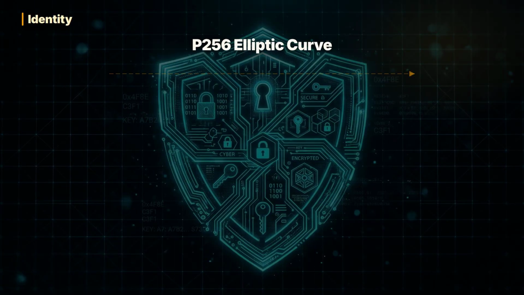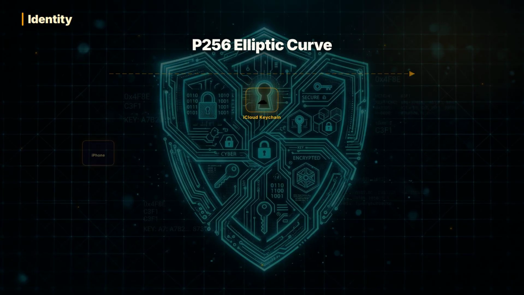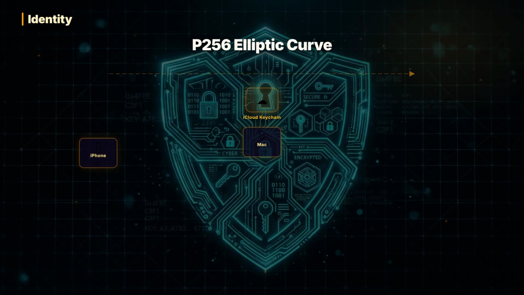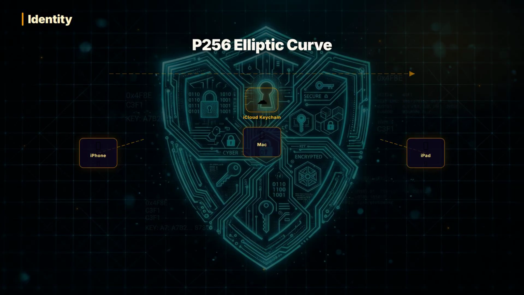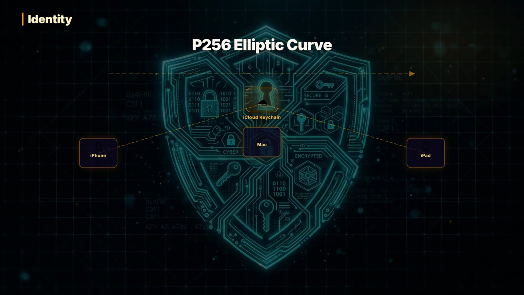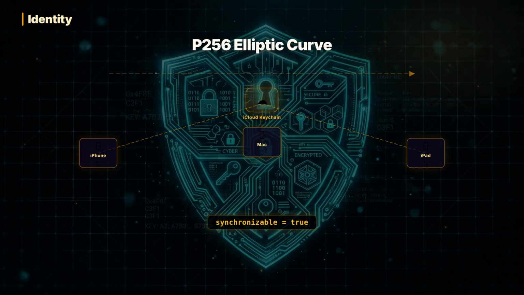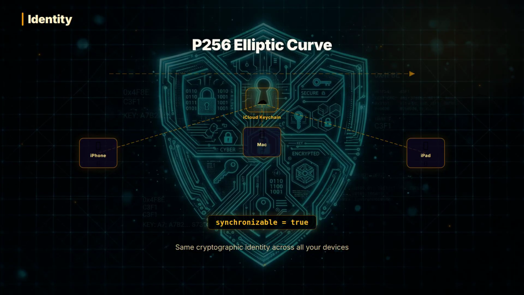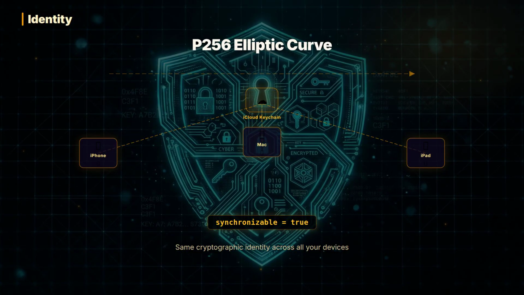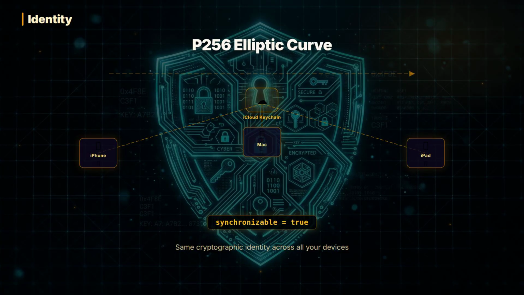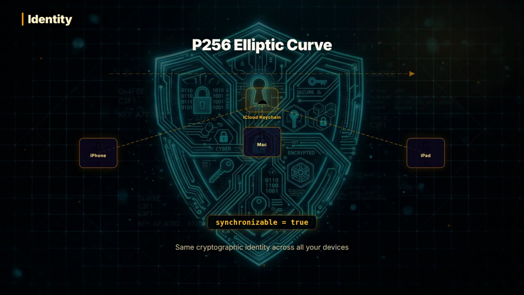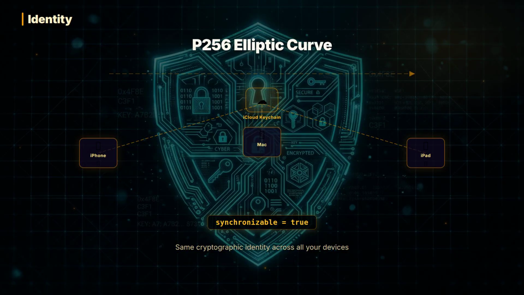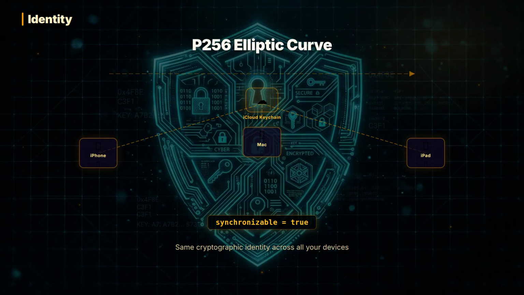Now, identity. This is where Loom gets really clever. Every device that uses Loom gets a P256 signing key pair. P256 is an elliptic curve, the same family of cryptography used in TLS and many other security protocols. This key pair is stored in the keychain, and here's the key insight. It is stored with the synchronizable flag set to true.